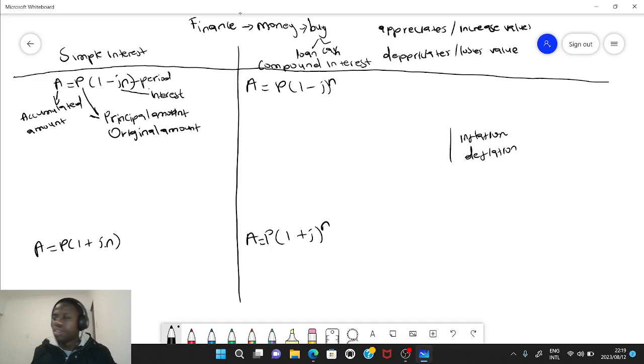Whenever we have deflation, the goods become cheaper. And we don't have a constant amount by which the prices of goods go up, so we don't have a regular increase.